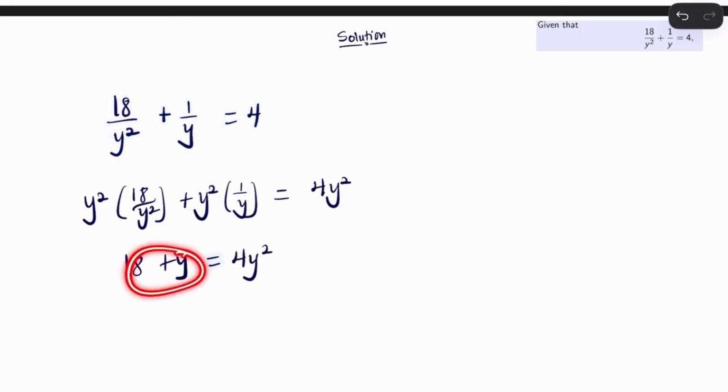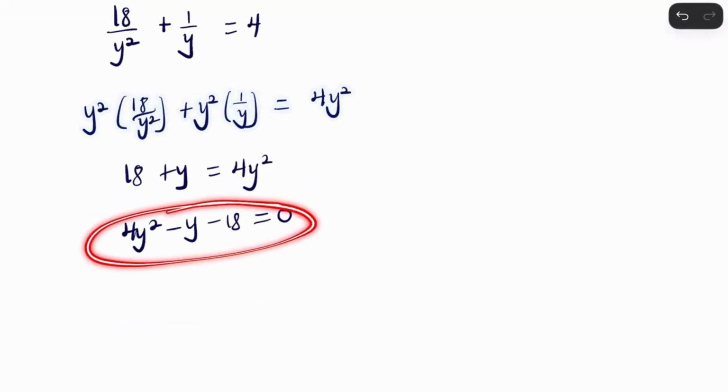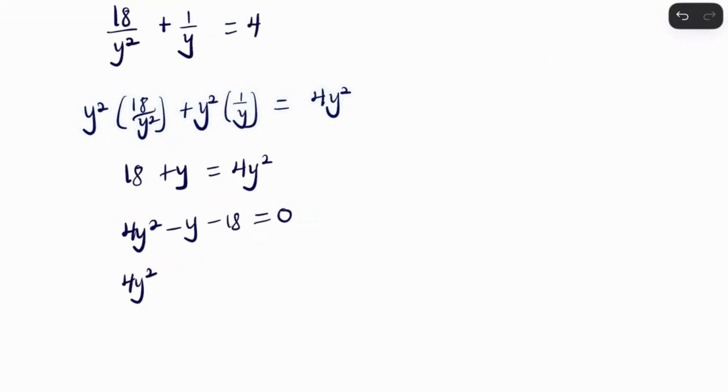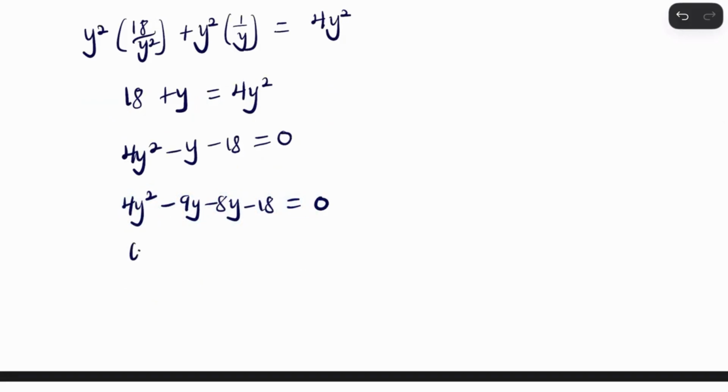Now let's move this to the right hand side. So we are going to have 4y squared minus y minus 18 is equal to 0. Now let's find the factors of these. So here we are going to have 4y squared minus 9y minus 8y minus 18 is equal to 0. Factorizing this, we are going to have y plus 2 multiplying 4y minus 9 is equal to 0.